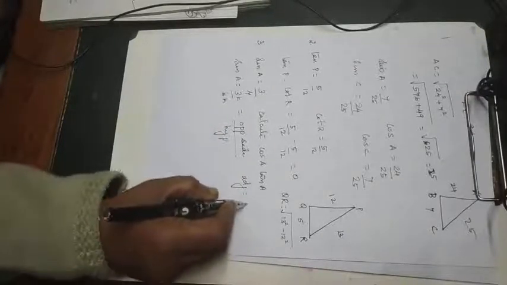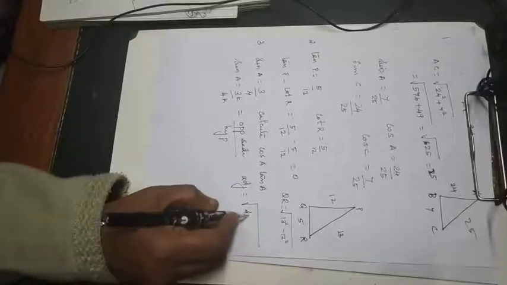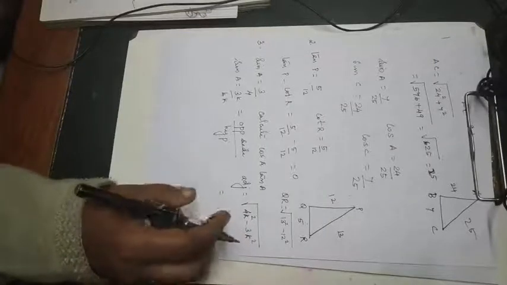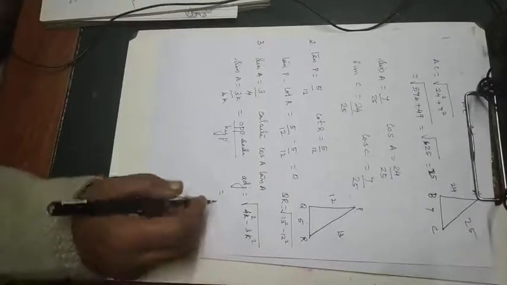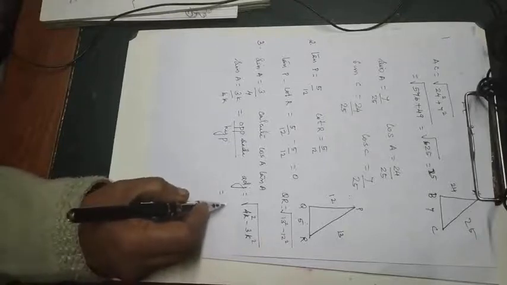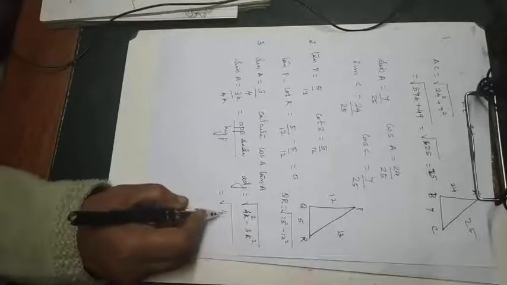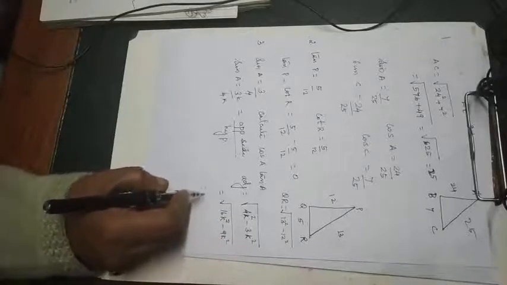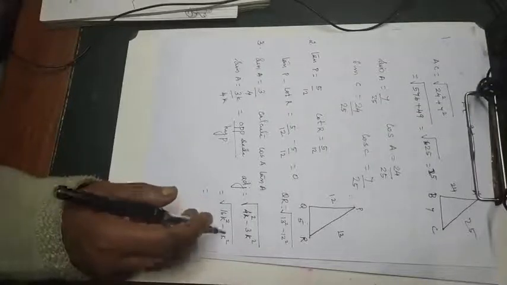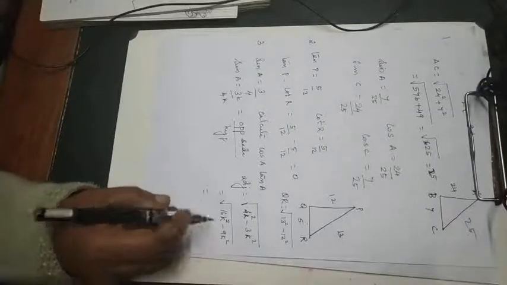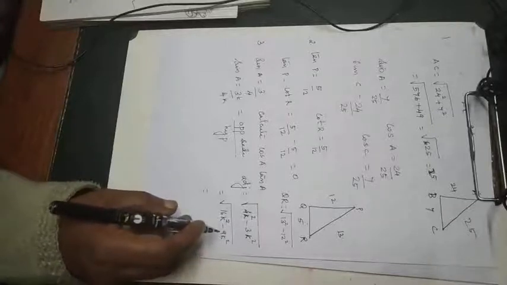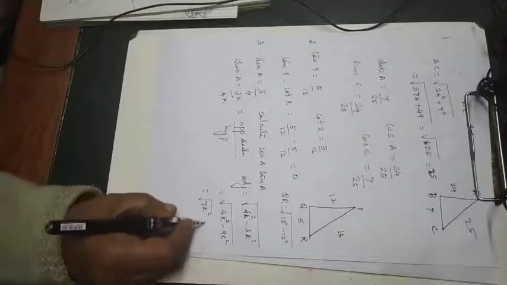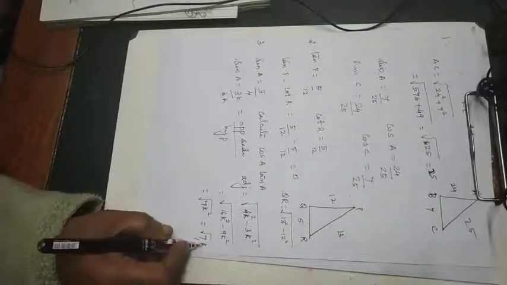Adjacent side will be root of hypotenuse square, that is 4k square, minus 3k square. 16k square minus 9k square, that will be equal to 16 minus 9, 7k square, or it will be root 7k.